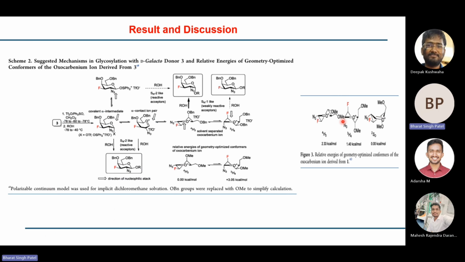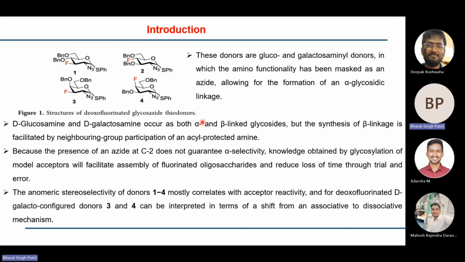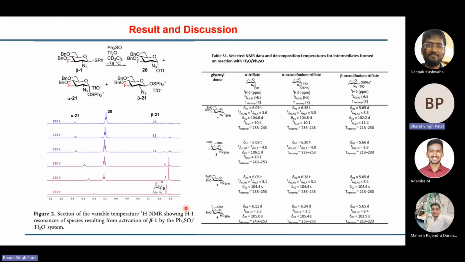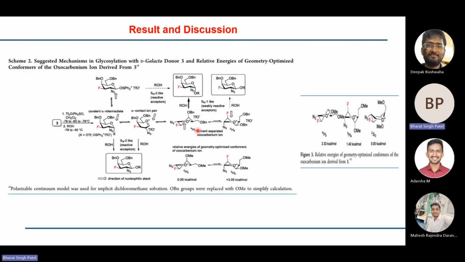In the case of hydroxy, there will be some kind of protecting group, right? Yes. So as I told in the first slide itself, there are multiple factors that will affect the intermediates, like inductive effect, hyperconjugation, as well as electrostatic interactions. So because of fluorine, this intermediate is more stable.